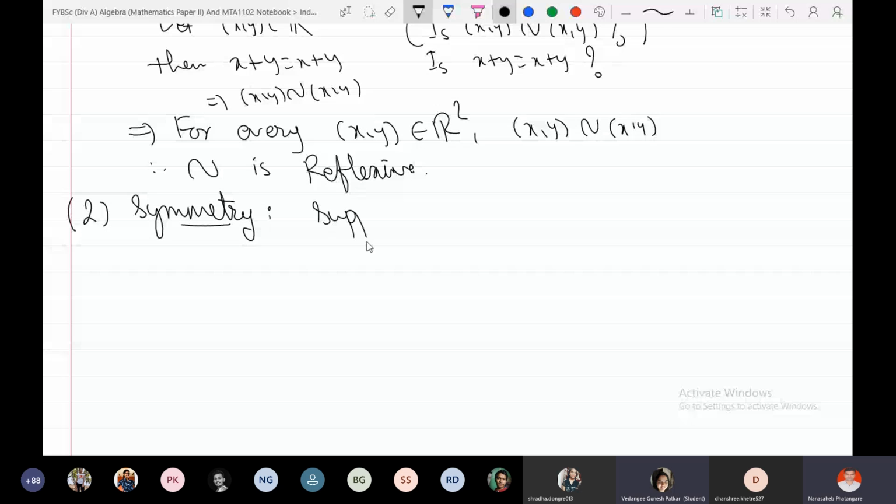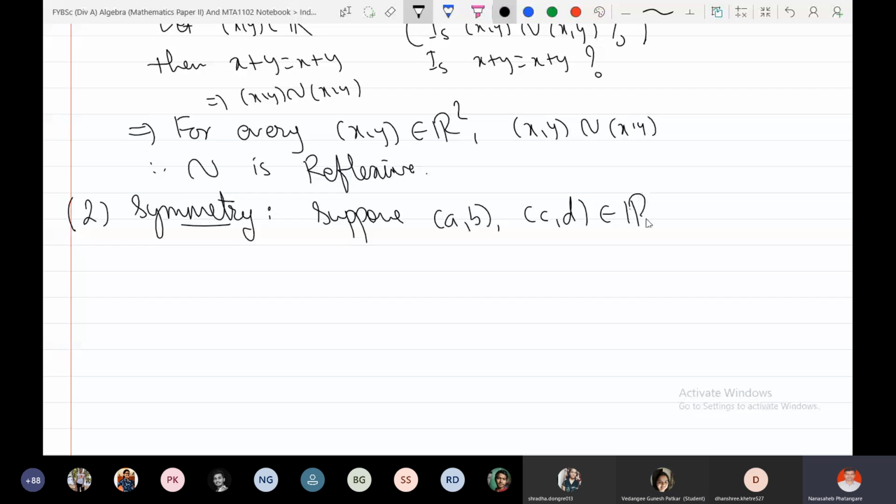Suppose (A, B) and (C, D) are two elements in my set such that (A, B) is related to (C, D).